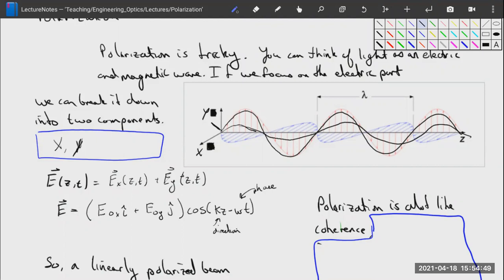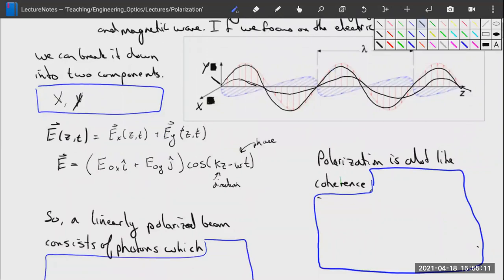So we're always assuming that the ray is traveling in the z direction. It doesn't matter which way it's actually traveling, that is the z direction for this. And what this says is that the x and y magnitudes of our electric field are going to fluctuate like a sine wave, cosine wave, whatever.